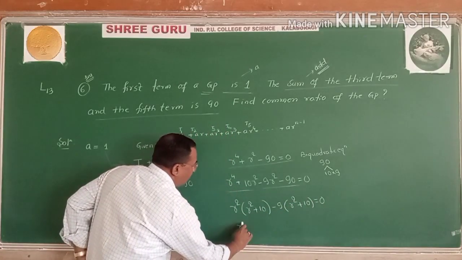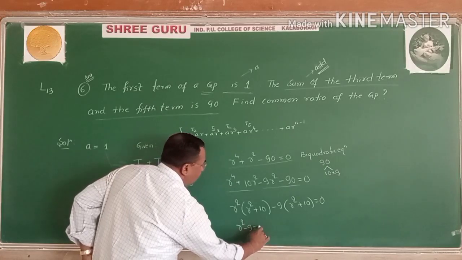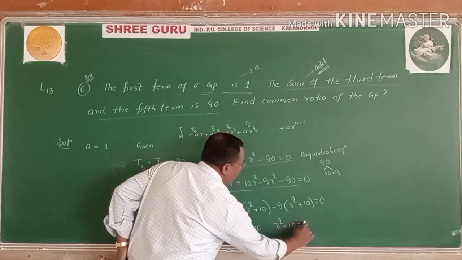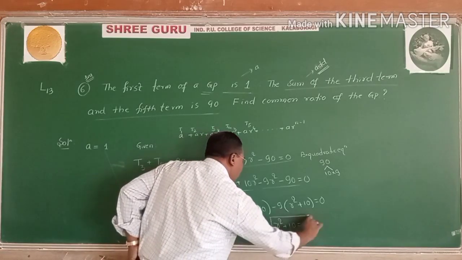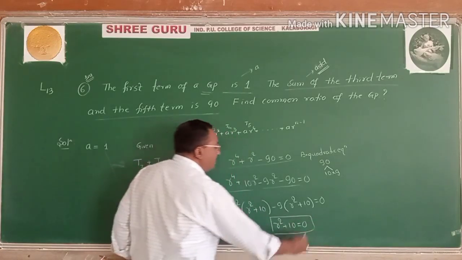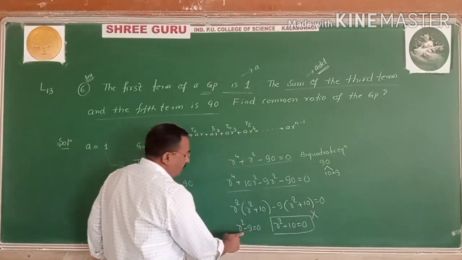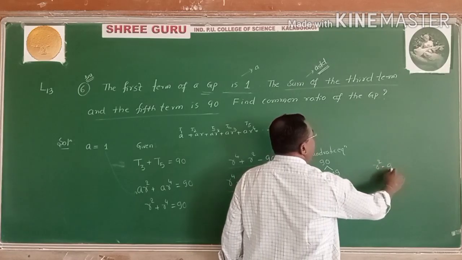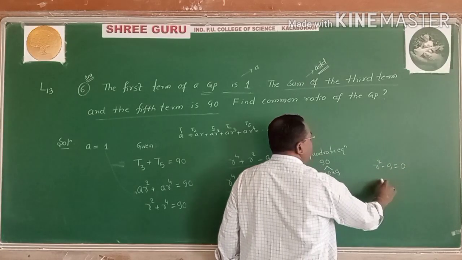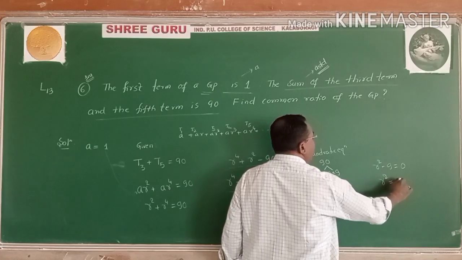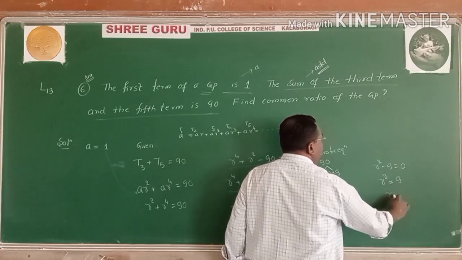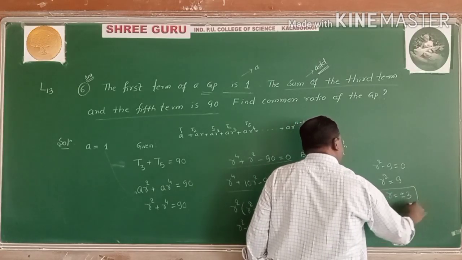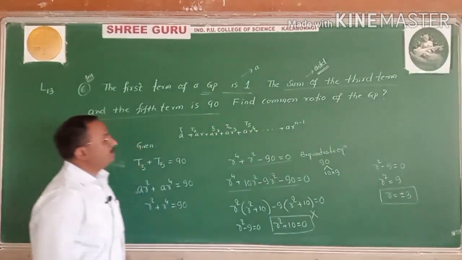Here R square minus 9 is equal to 0, one term, and R square plus 10 is equal to 0, another term. This is not considered because it gives an imaginary root, so this one is rejected. Consider R square minus 9 is equal to 0. R square is equal to 9. R is equal to what? Plus or minus 3.